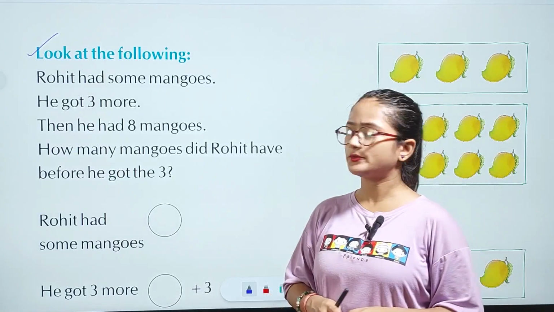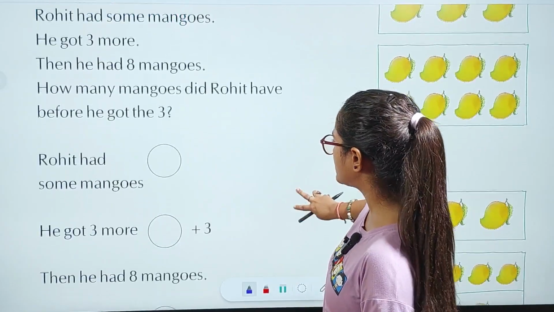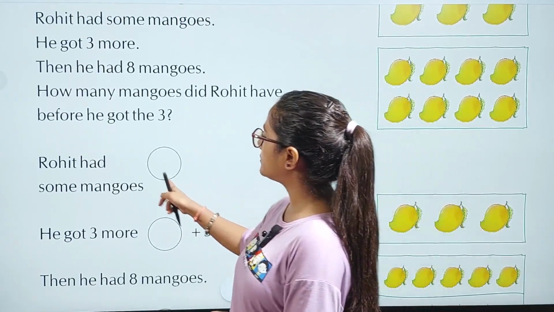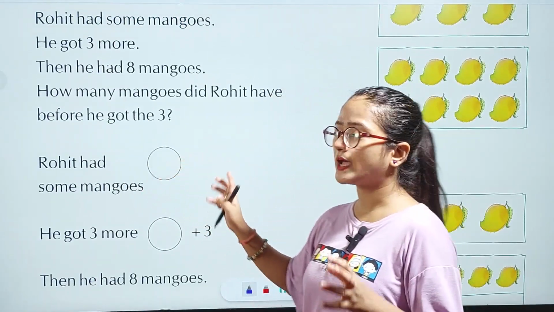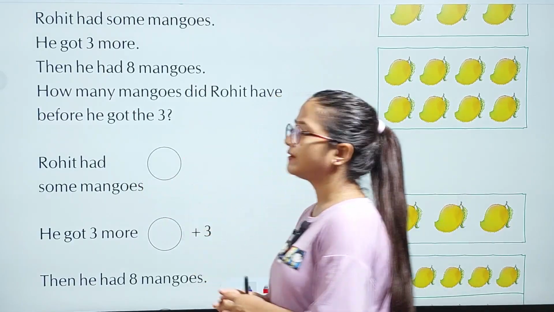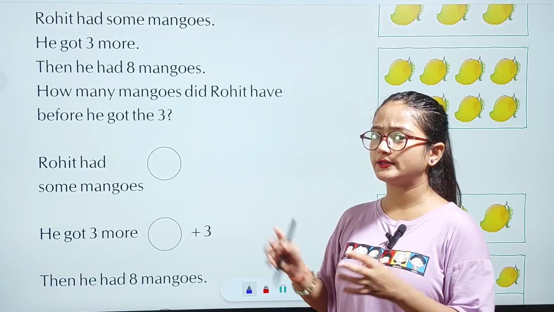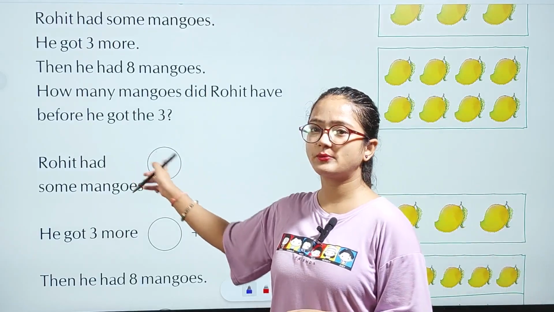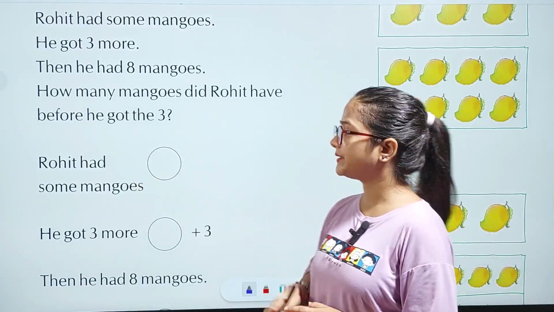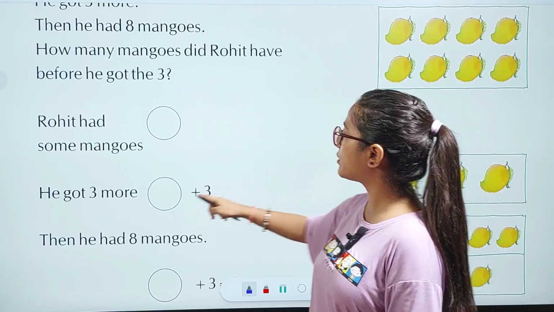So what will you do? First you have to write down the mangoes which Rohit had. Rohit had some mangoes. We don't know how many mangoes Rohit had, so just leave this box, this circle, blank. The next thing is he got 3 more.